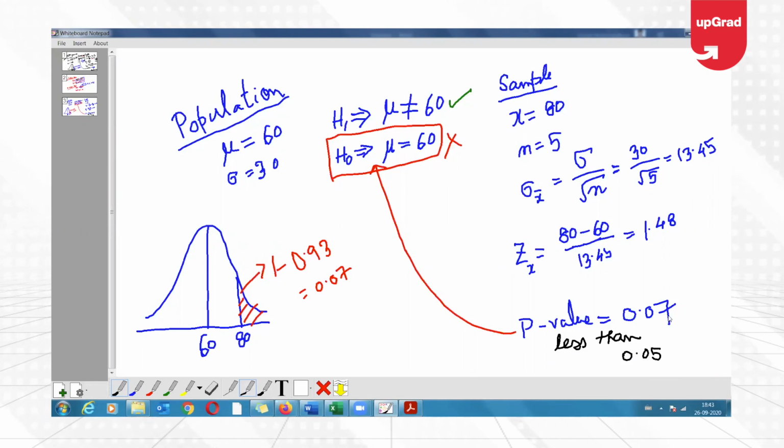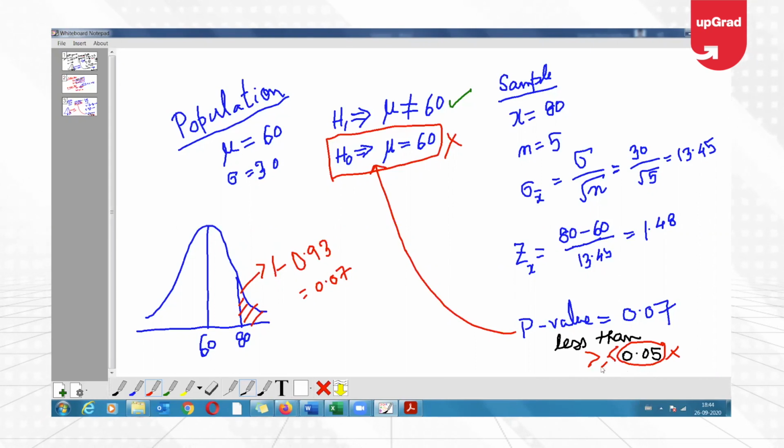But for a two-tailed test, this is a change. It is not 0.05 anymore. Because now I am testing two sides, greater as well as lesser, which represents inequality. Right? So these 0.05, which I was getting for one-tailed, where I was only testing either greater or lesser.